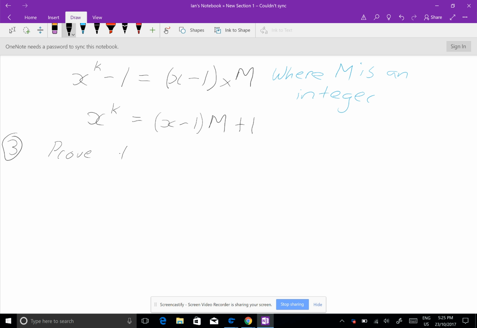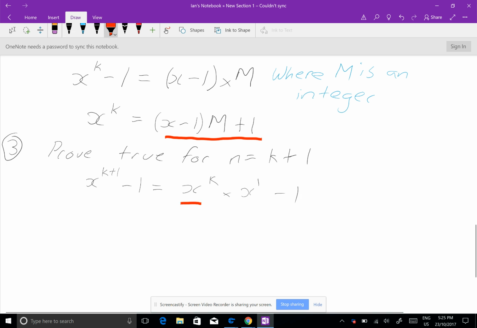Prove true for n equals k plus 1. And by the way, that's what we're going to be substituting in. Therefore, x to the k plus 1 minus 1 equals x to the k times x to the 1 minus 1.